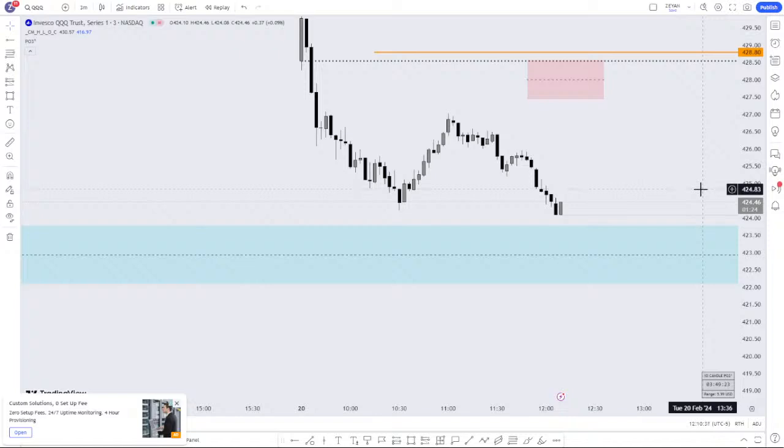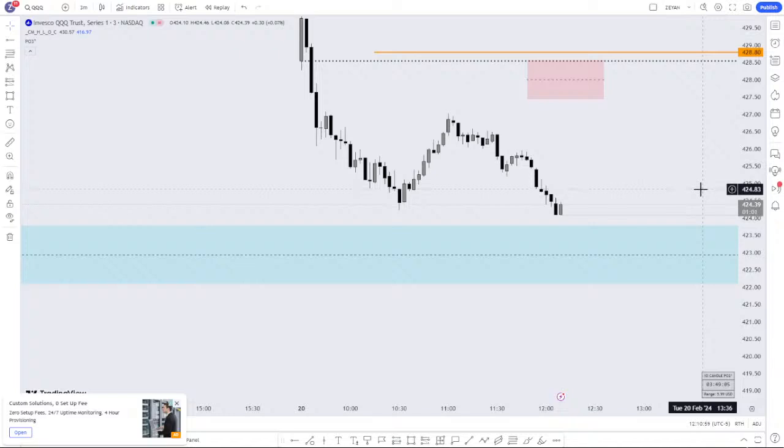What do you think about the monthly outlook on NQ? Monthly outlook, it's the 20th of February, the last part of the month.